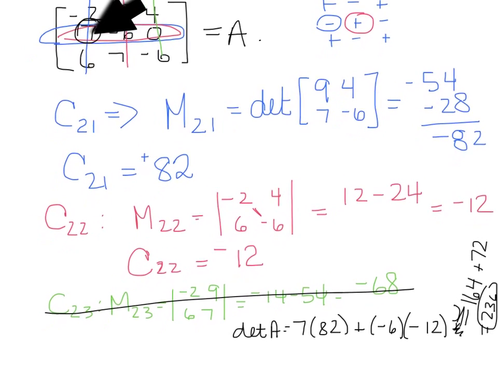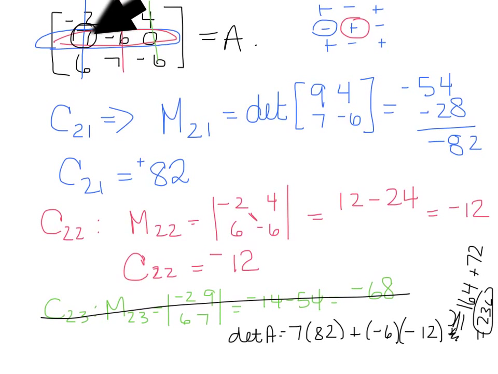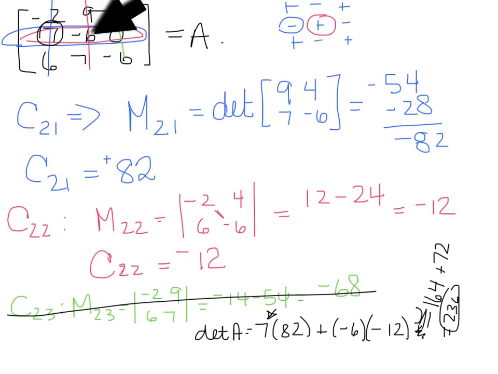So I got this 7 down here times its cofactor C21, 82, plus take your next one, take the -6, that's your A22, -6, times its cofactor, -12. Okay, so I'm down here, and I don't need to do the third one because it's 0, and calculating that I get 236, if I did that all right in my head. All right, so that's it.